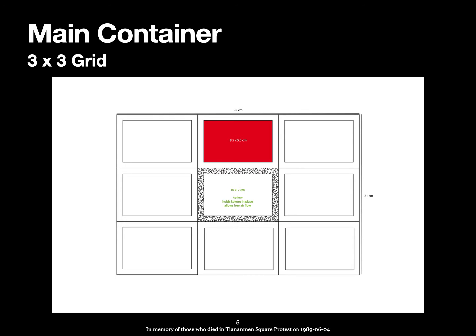Next, we have the main container, and this is where the fun begins. The main container is 30 by 21 centimeters. The height of it is roughly 0.8 centimeter. The red rectangle on top is where a Coca Roll resides.